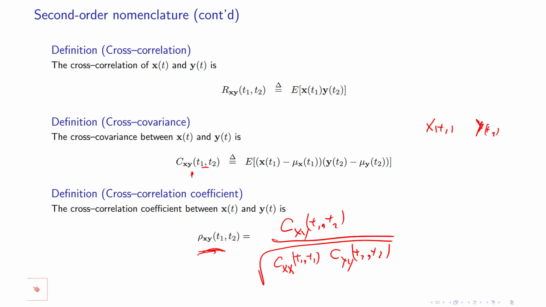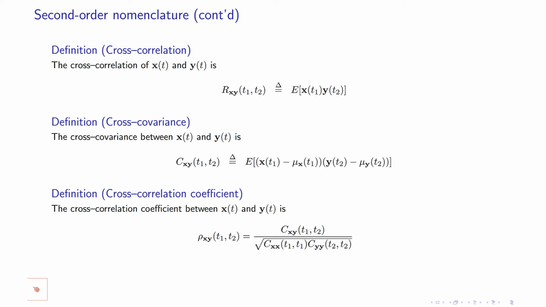So this rho xy is always between minus 1 and 1. If it is complex, its magnitude is always smaller than 1, for all t1 and t2. So this is called correlation coefficient between these two random variables, or correlation coefficient of these two random processes.